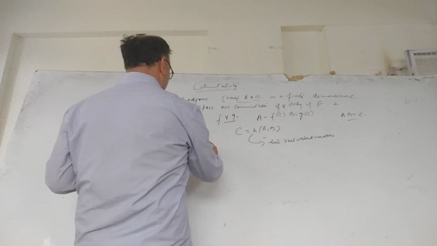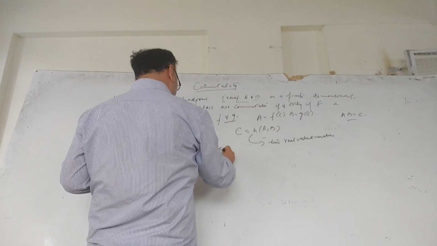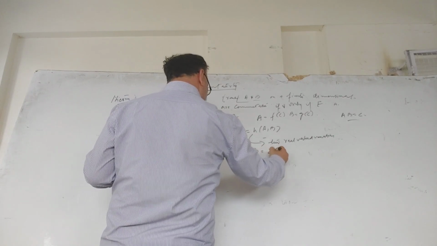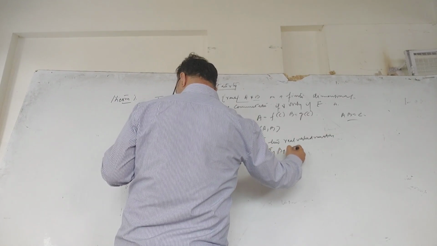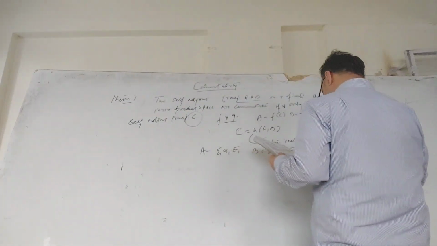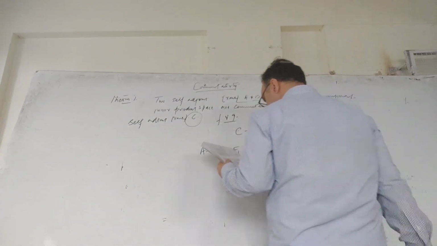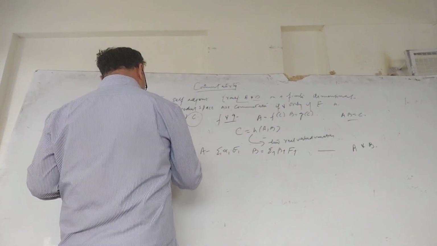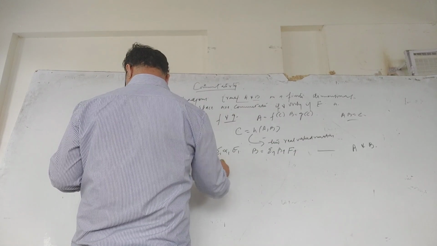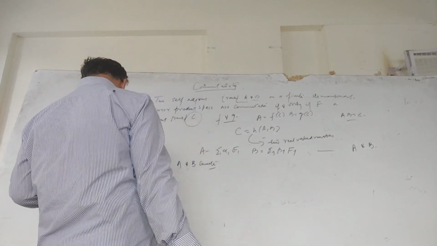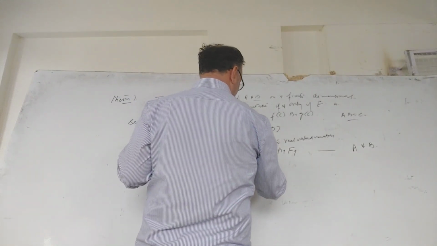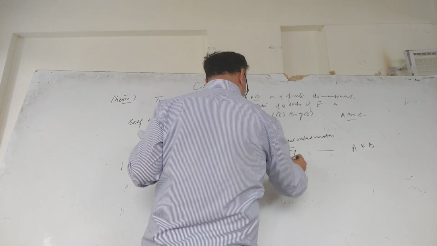So we have A equal to the sum of alpha i E_i and B equal to the sum of beta j F_j, as the spectral forms of A and B. If A and B commute, it follows that E_i and F_j also commute.